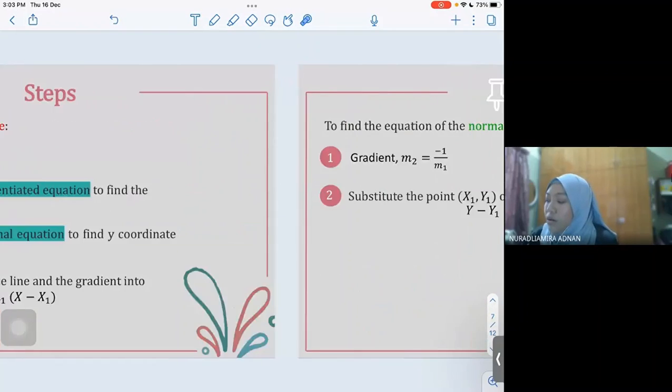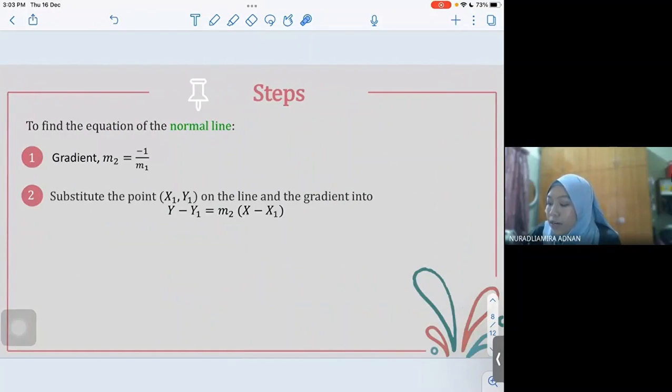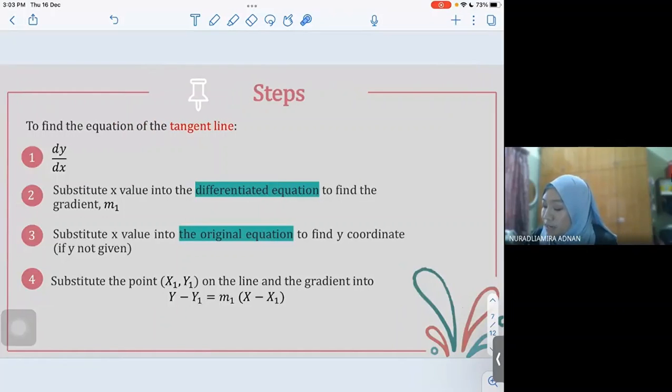Okay, thank you. Now I explain the steps. dy/dx means you must differentiate y with respect to x. Then for the second step, you must substitute the x value into the differentiated equation from the first step to find the gradient, which I denote as m1, the gradient of the tangent line.